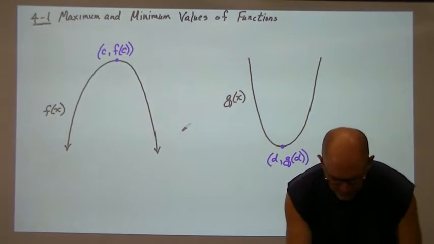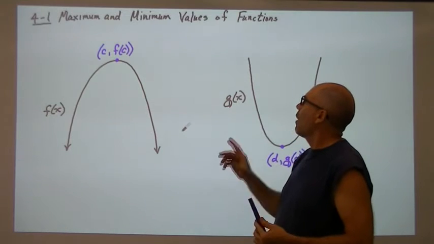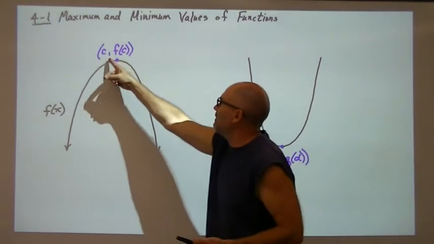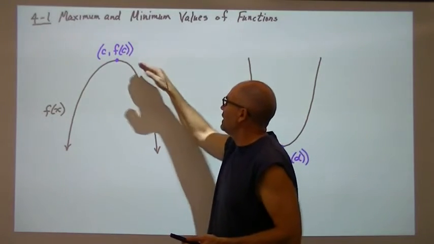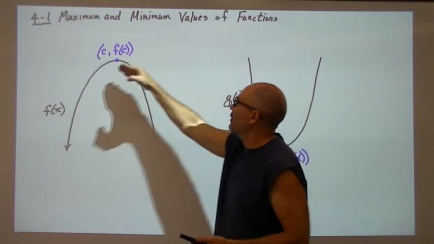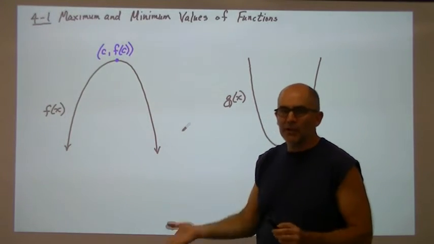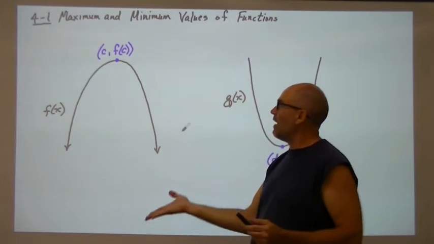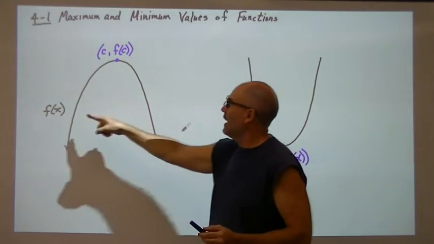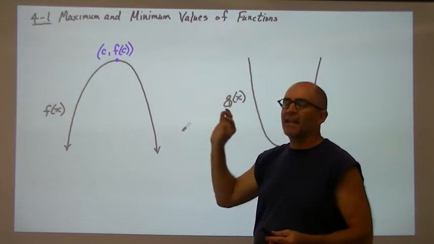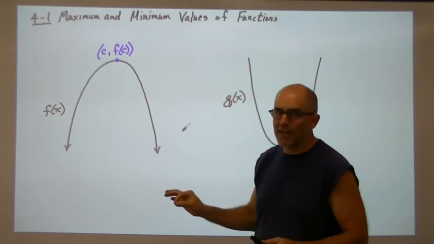All right, so here's our function f. Now, there's some c value where f of c is greater than any other f of x value. Now remember, f of x values are up and down. So f of c is higher than any other f of x value. That makes f of c the maximum, the absolute maximum.